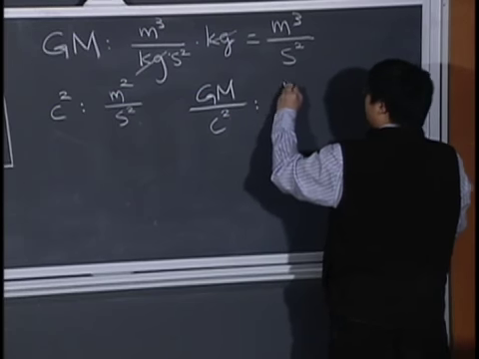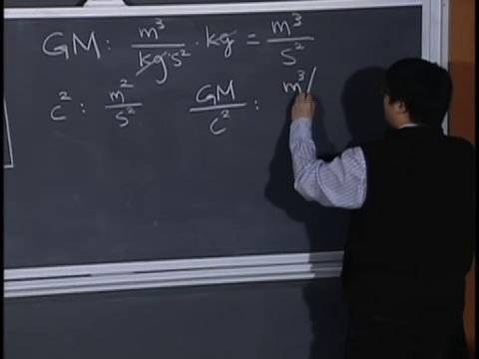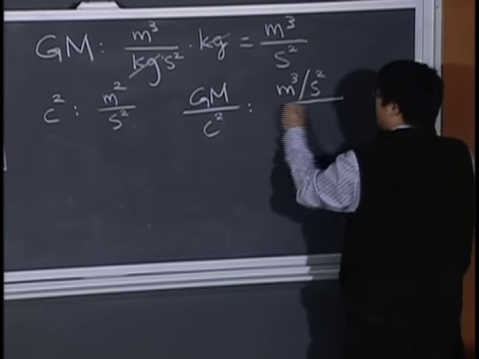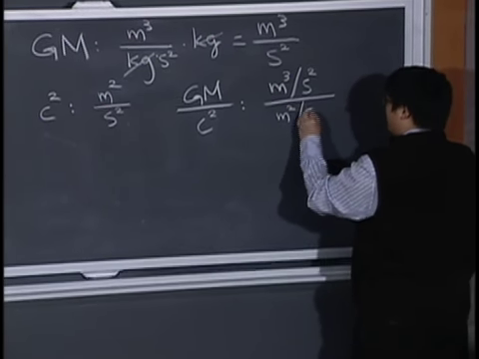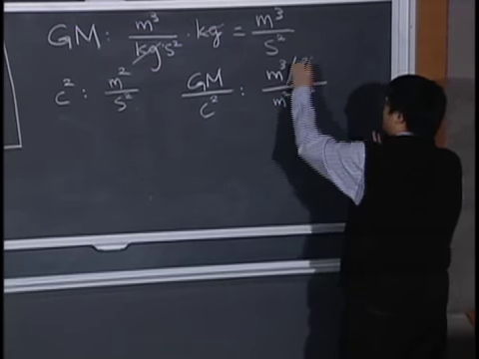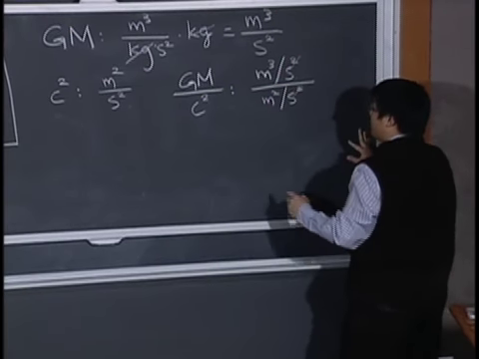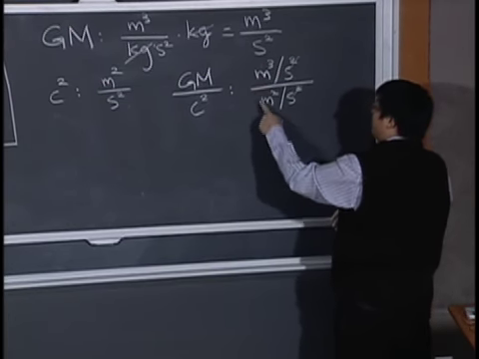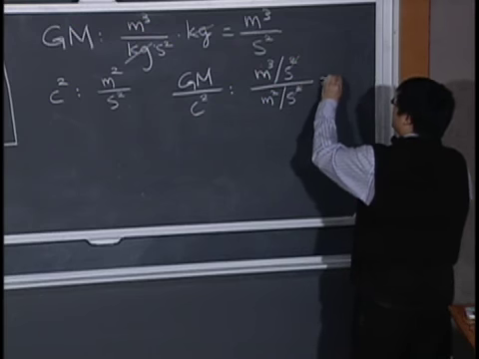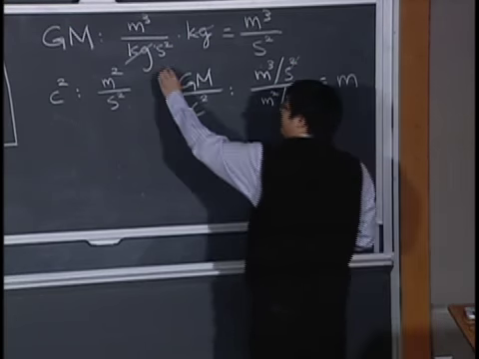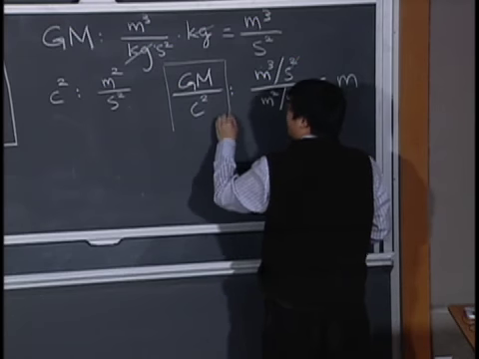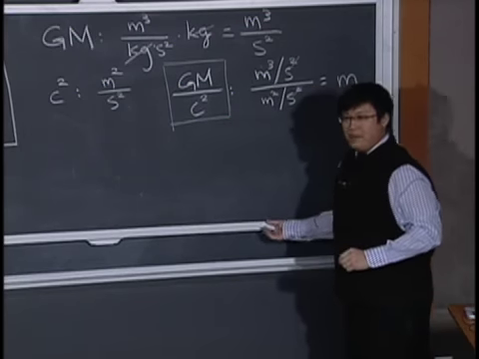Gm has units of meters cubed per second squared. The speed of light squared has units of meters squared per second squared. So the seconds squared will cancel with each other. Meters cubed divided by meters squared gives us meters. Therefore, let's guess that this would be the expression that we want.